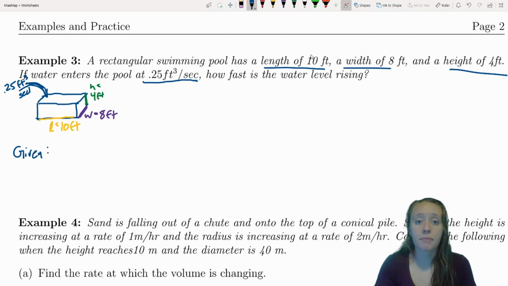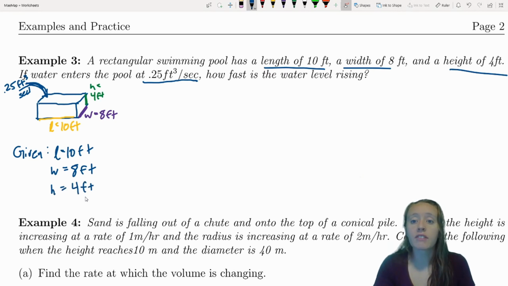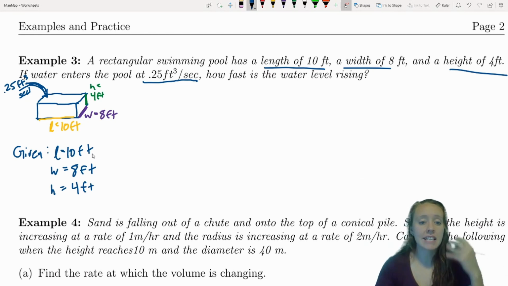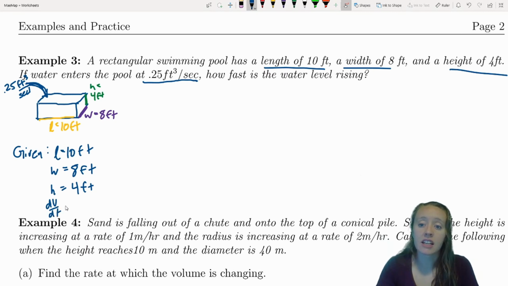So I'm given that my length, L, is 10 feet. I'm given that my width is 8 feet. I'm given that my height is 4 feet. And I'm also given my dV/dt, the rate my volume is changing with respect to time. dV/dt is equal to that 0.25 feet cubed per second.